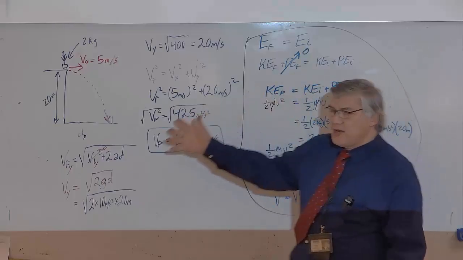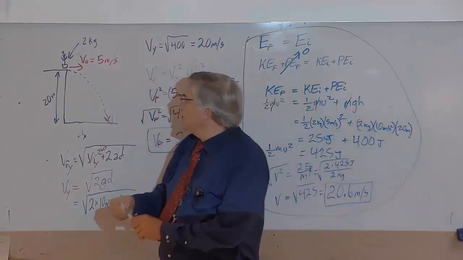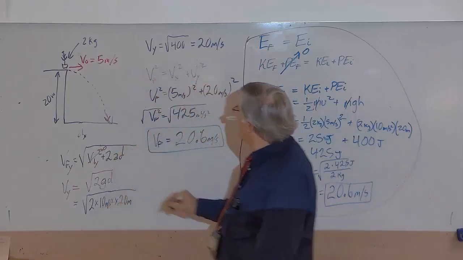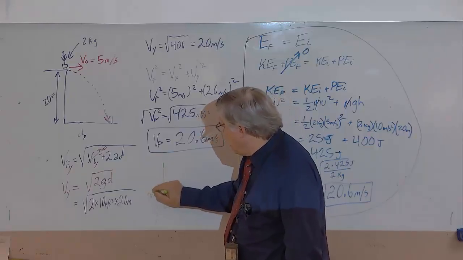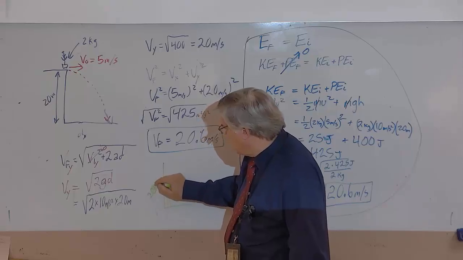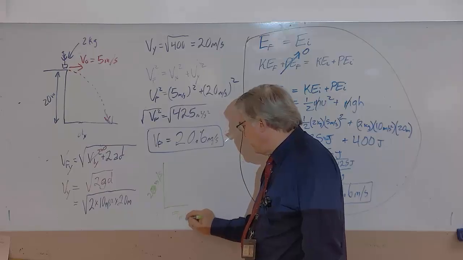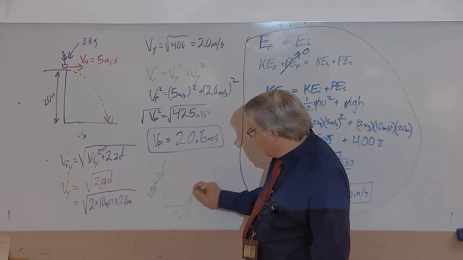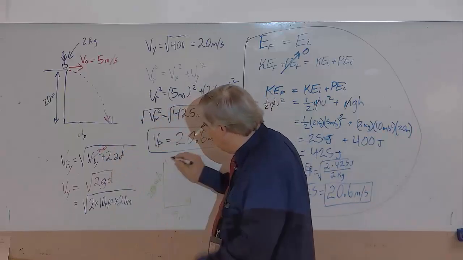Now there's an advantage to using kinematics. The advantage to using kinematics is that, well, over here, remember I had 20 meters per second, and 5 meters per second, and I solve for the resultant. Let me replace that with better lines.